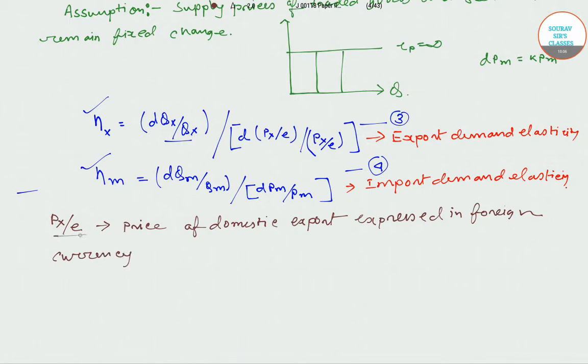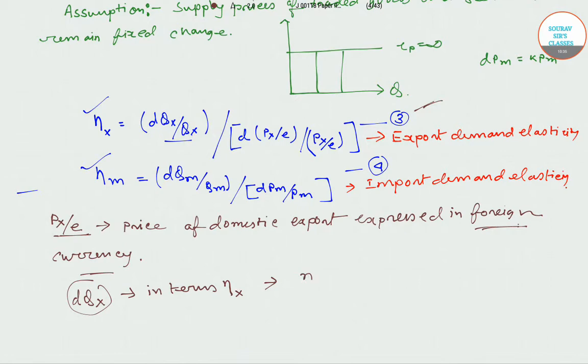It is the price of domestic export expressed in foreign currency. Now in terms of equation 3, the elasticity definition is reworked to arrive at the explanation for Q. So we have to arrive at the explanation for this in terms of the elasticity of export. So how do we do it?